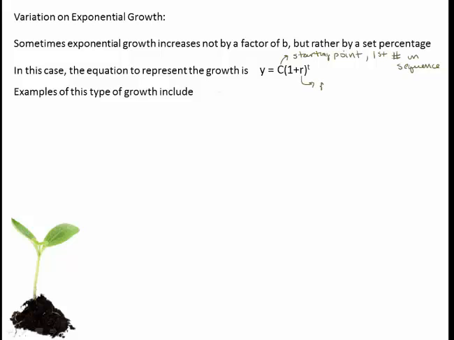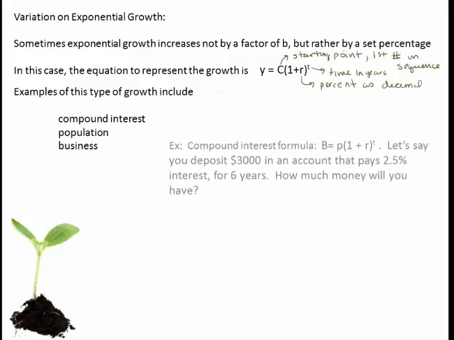R is our percent as a decimal. And t is the length of time that this has occurred in years. So some examples of this type of growth include compound interest in a bank account or on a loan, population, business growth.